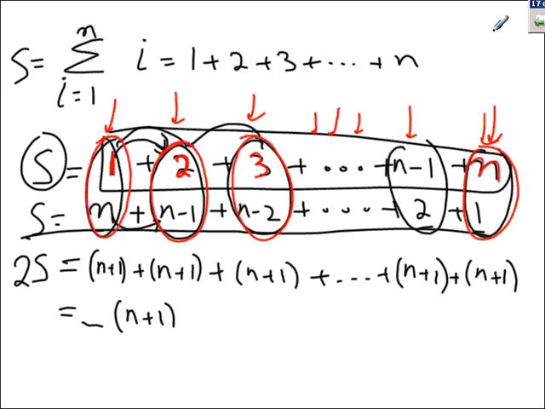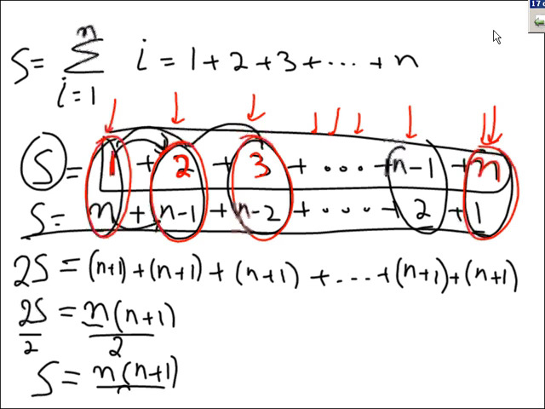So we are going to get n times n plus 1. That's what 2 times s equals. Dividing both sides by 2, we get s is equal to n times n plus 1 over 2. But what was s? s was the summation of i.